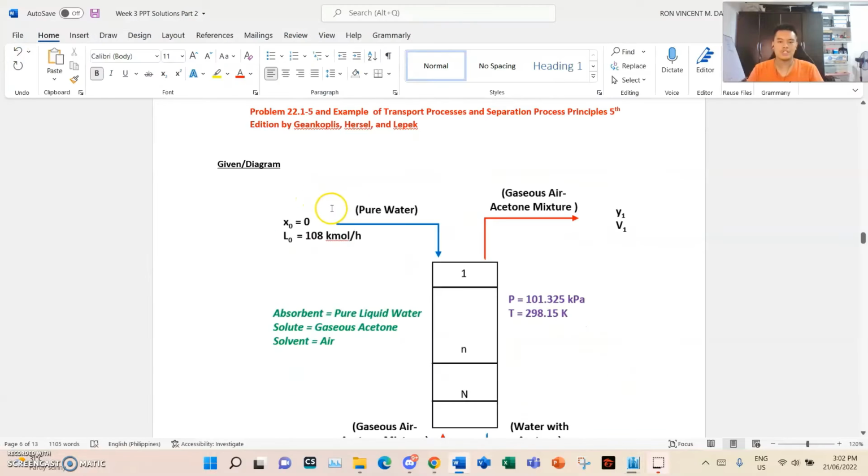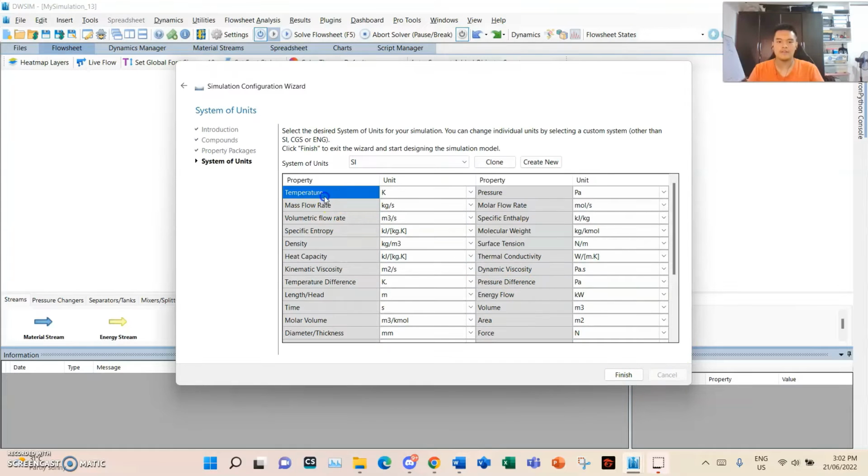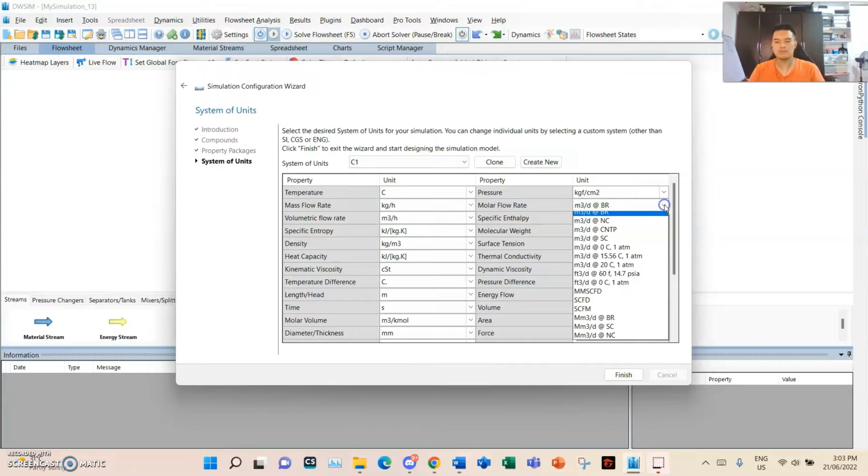Then the property packages. Since we'll just use Raoult's law here, we'll just find Raoult's law. Add here. Then the system of units, we'll have our own customizable system of units. So the molar flow rate is kilomoles per hour.